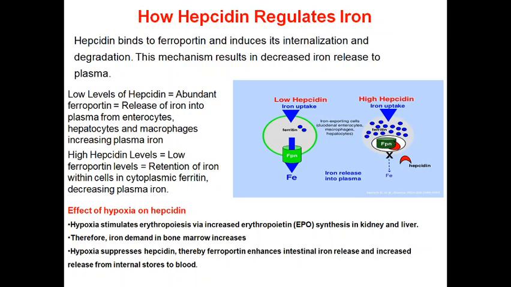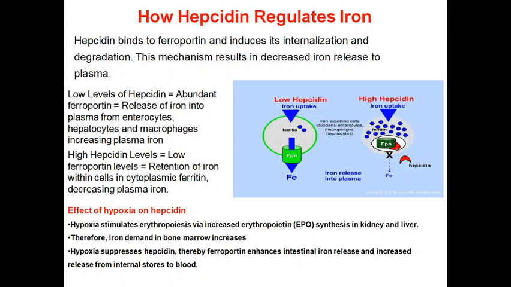Internalization means that no iron will be absorbed or released into the general circulation, and the iron will remain inside these cells in the form of ferritin. So hepcidin will lower serum or plasma iron because it binds with the channel for iron transport, causes its internalization and its inability to release or absorb iron to the blood.